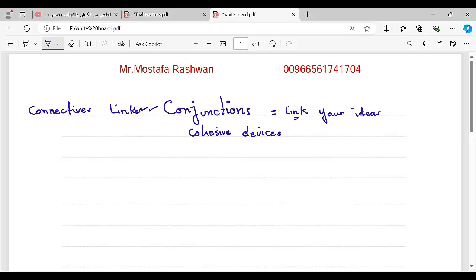Number one, we have two different kinds of conjunctions, so we need to identify what they are. Number two, why should I use conjunctions?